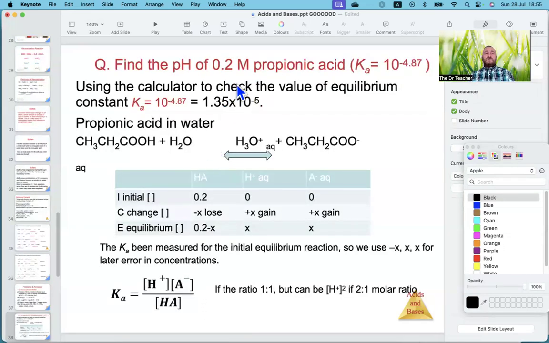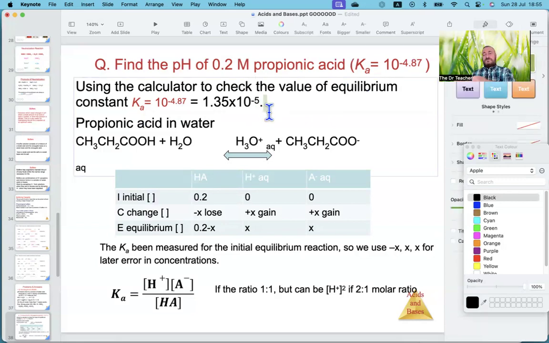Find the pH of 0.2 molar propionic acid when the Ka is 10 to the minus 4.87. If you use the calculator and enter the value of the equilibrium constant Ka, you just put 10 to the minus this, and it will give you 1.35 times 10 to the power minus 5.